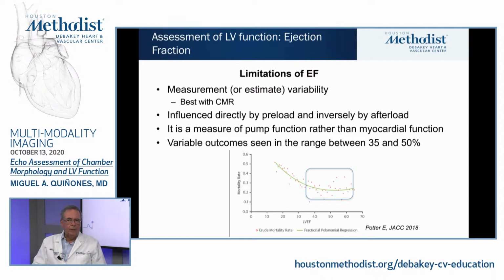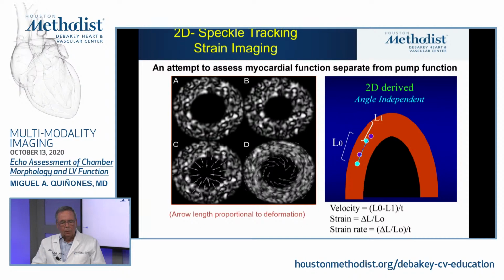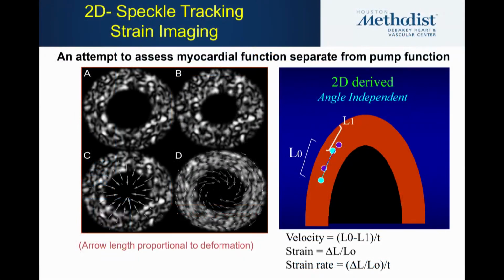Same thing can be seen with some valvular diseases and some of the hypertrophic diseases. So EF does not always give you the full story when it comes to assessing the severity of left ventricular dysfunction and possible prediction of outcomes. So nowadays we have strain imaging.